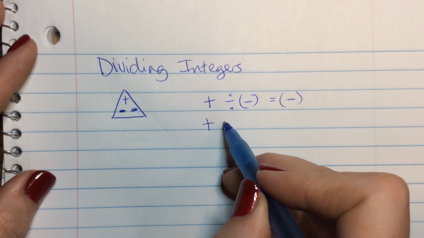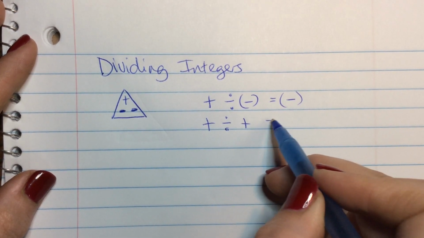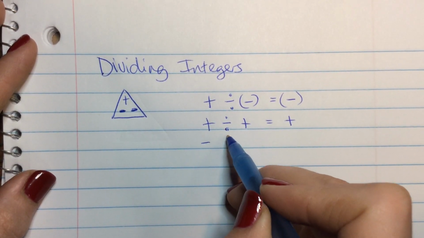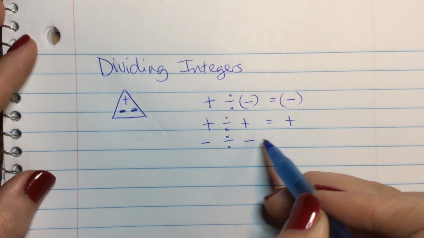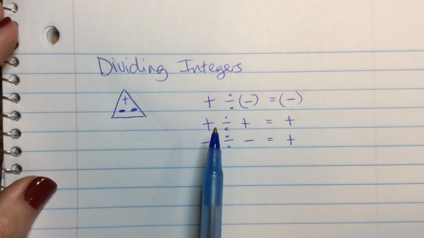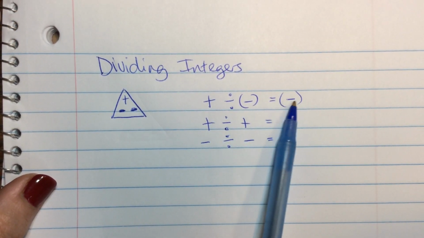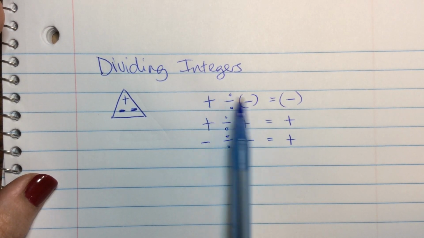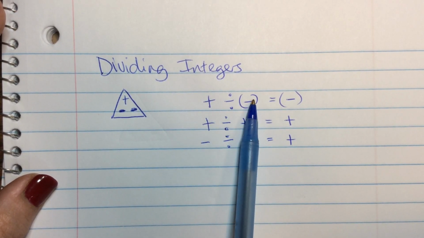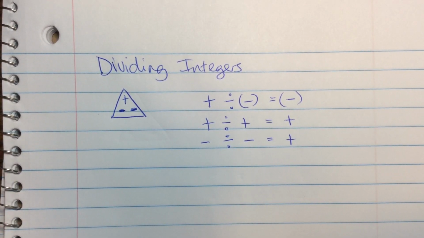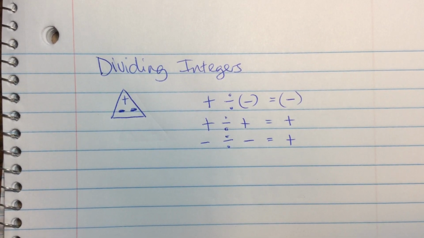When you have same signs, it'll be positive. So the only way you can get a negative answer when you're dividing is if you have one of each type. You have a positive and a negative. And it doesn't matter who's winning, it doesn't matter which one's bigger, nothing like that. You either just have a positive and a negative or you don't.